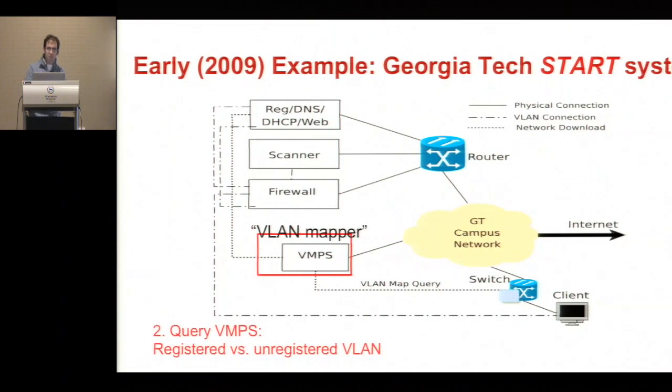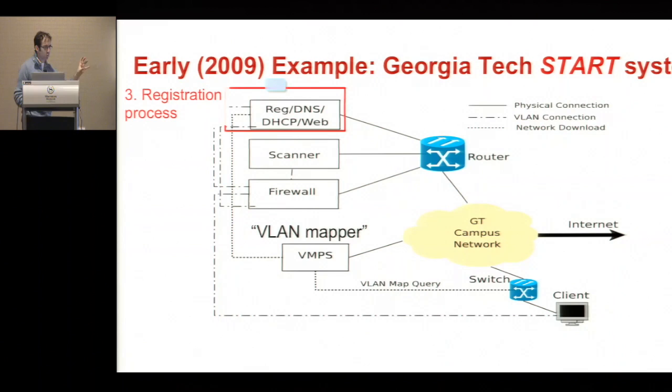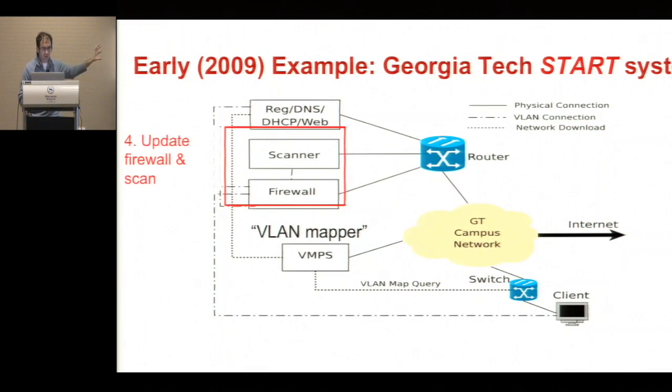Have I seen it before? What is this thing? Is the host registered? If it hasn't registered, it will say, it should be on this part of the network. Let's move it over to this part of the network that registers the host.